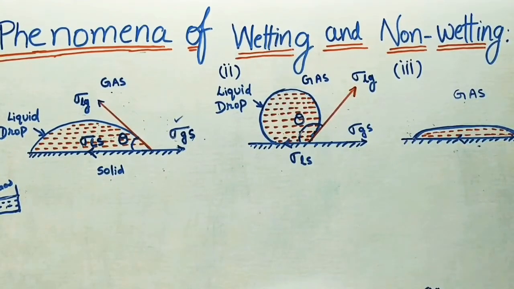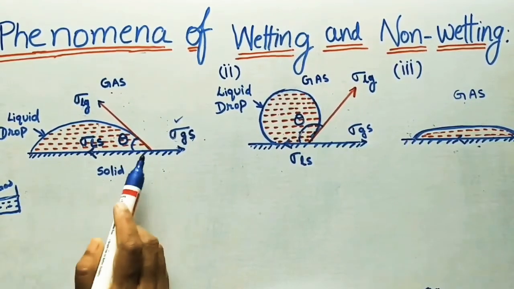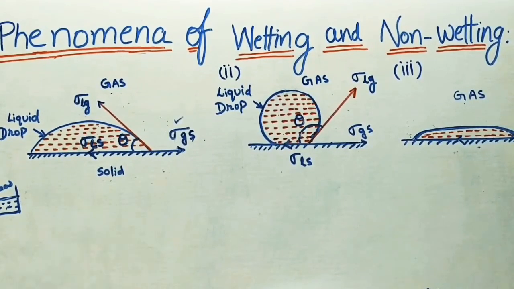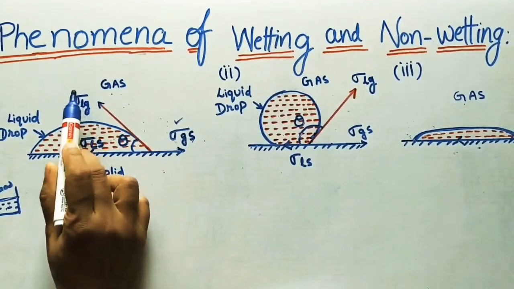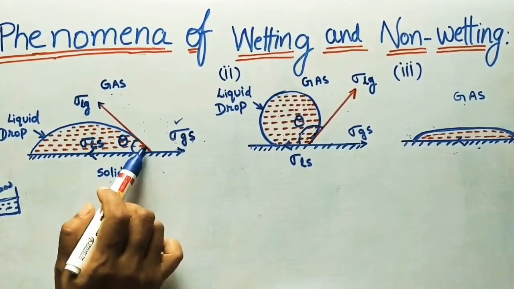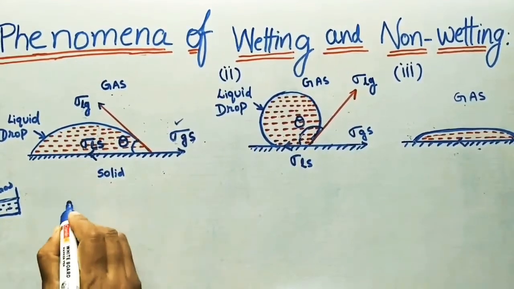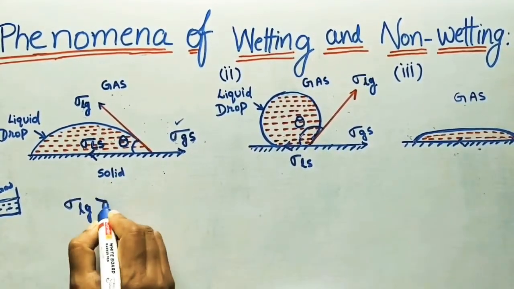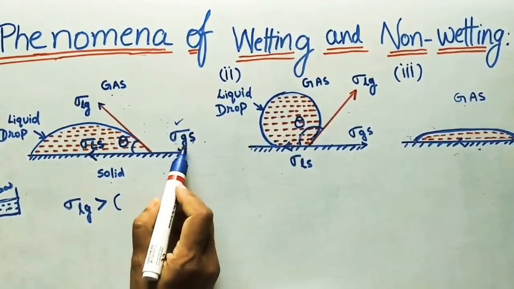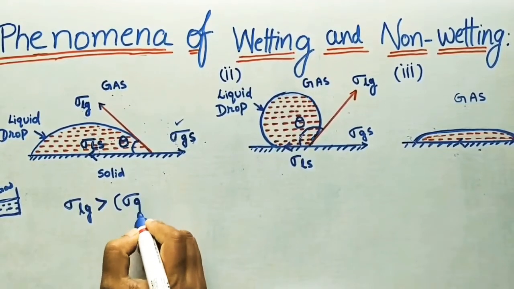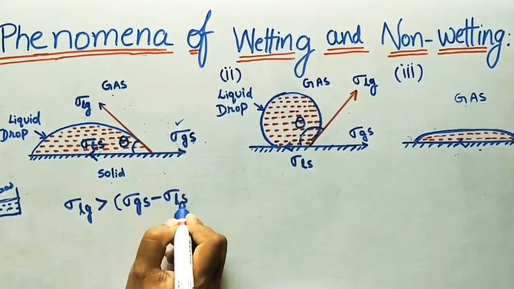Now, for the equilibrium of this liquid droplet, if it has to stay in this shape, we have one condition at equilibrium. That condition is that this value should be more: the surface tension between liquid and gas, sigma Lg, should be more compared to the difference between these two surface tensions, sigma Gs minus sigma Ls.